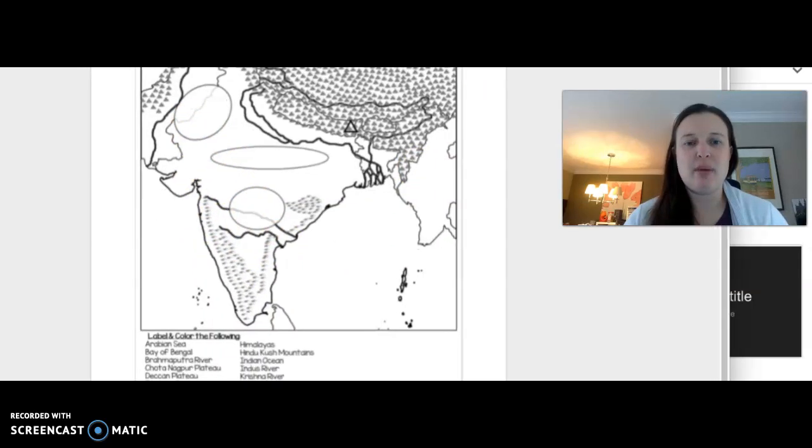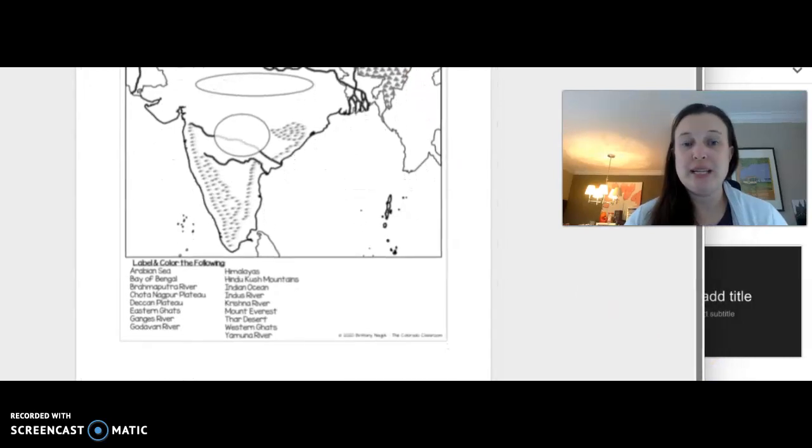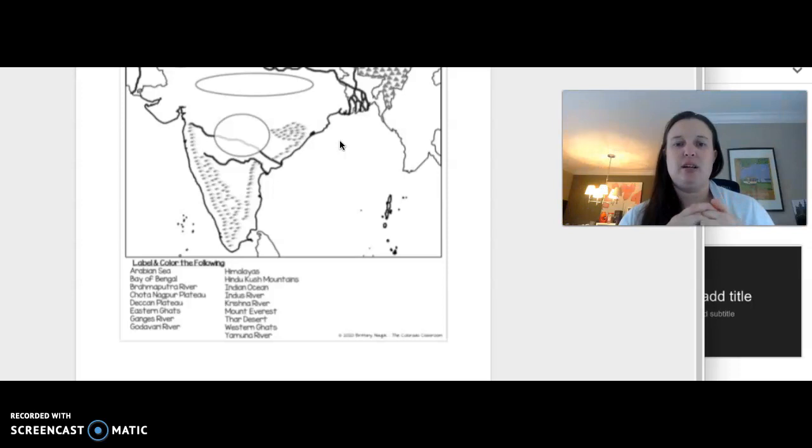At the bottom of the page, I've listed for you what you need to label. I'm asking, could you please put the names of these places? Could you find them on the map? And the challenge for you is, again, I mixed up the different types of physical features.